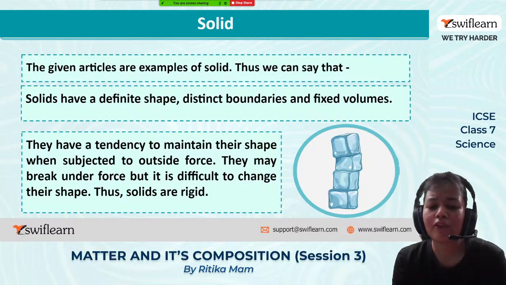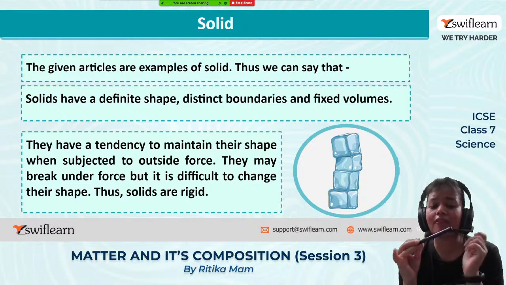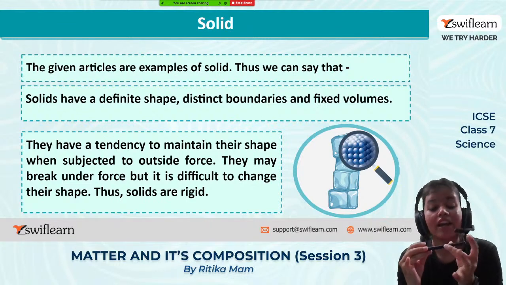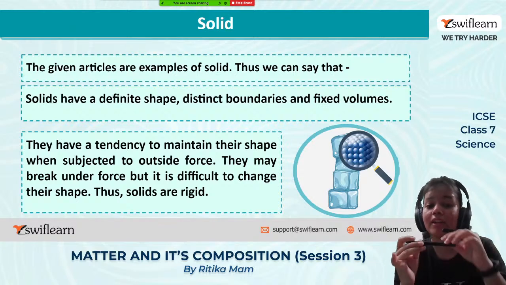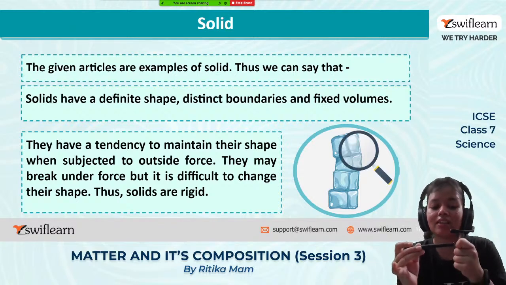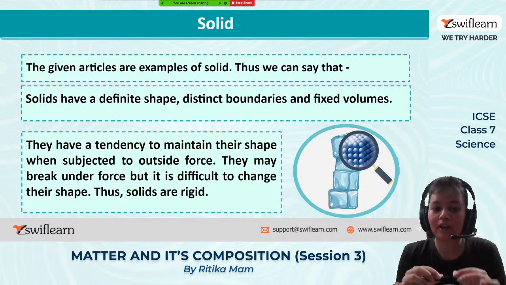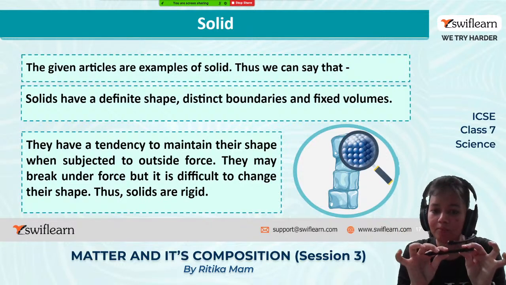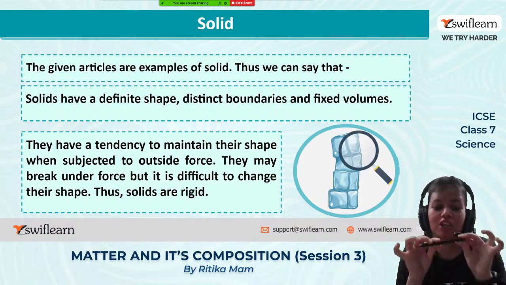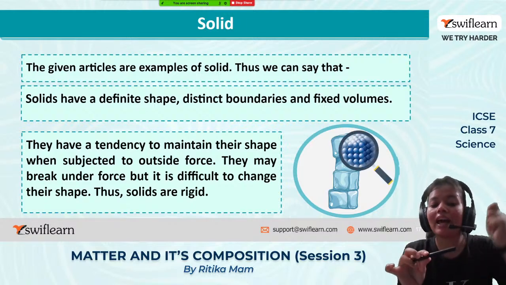Okay, so if I take a simple example of this pen, if I hit it with a hammer, it won't change the shape. ये अपनी शेप चेंज नहीं करेगा, बट अगर मैं बहुत ज़ोर से हैमर से हिट करती हूँ तो एक पॉइंट के बाद ये पेन ब्रेक हो जाएगा. It will just break. So it is not possible to change the shape of a solid by applying outside force.